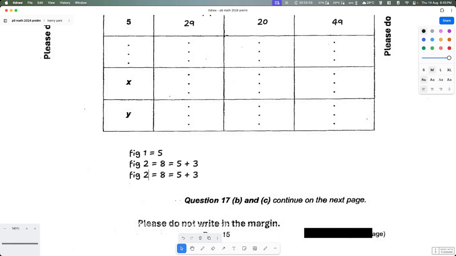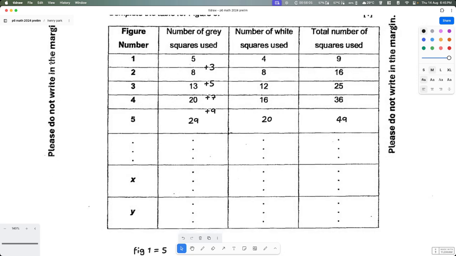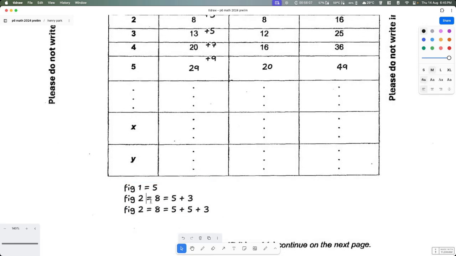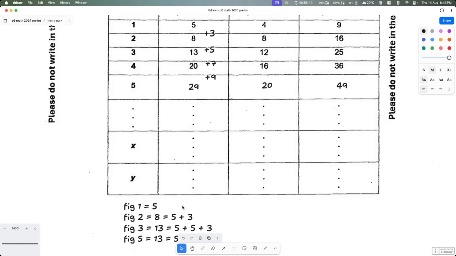Okay, which is basically 5 plus 5 plus 3. Let's see if this works. Okay, this is 13, right? Okay, then this is figure 3. Okay, then figure 4. Okay, sadly, it's not like that. So figure 4 is 20.